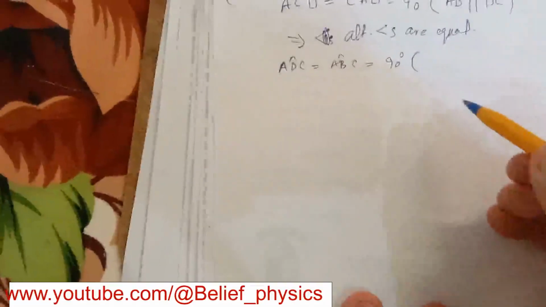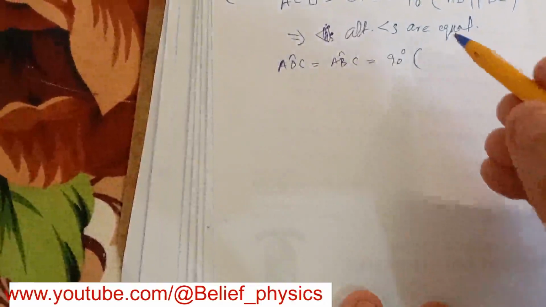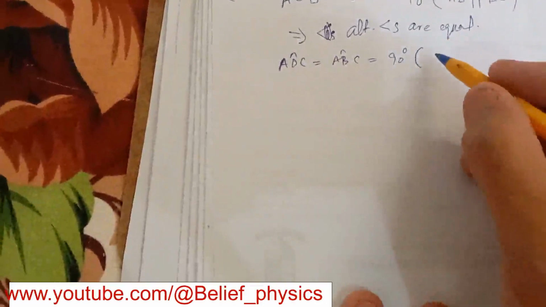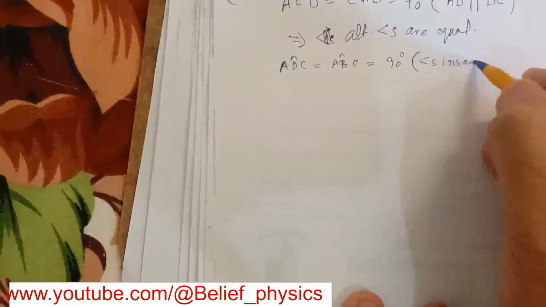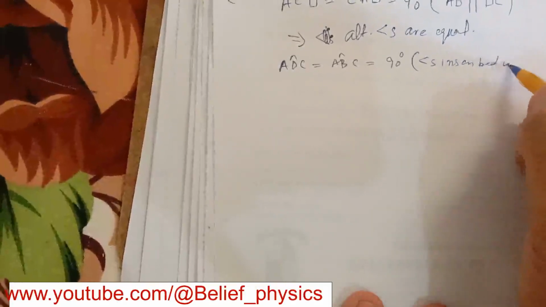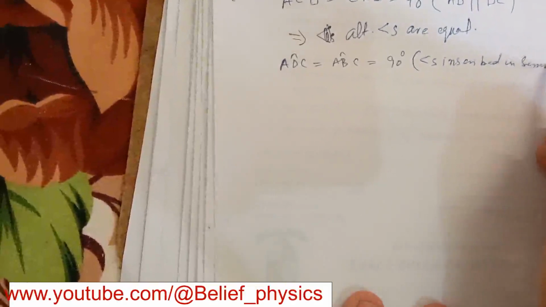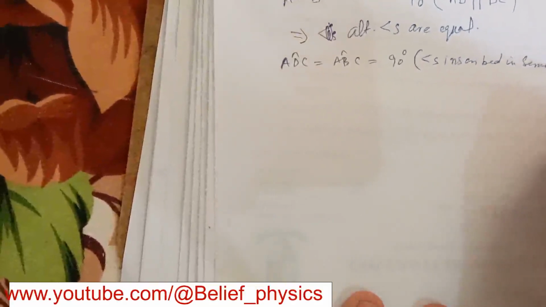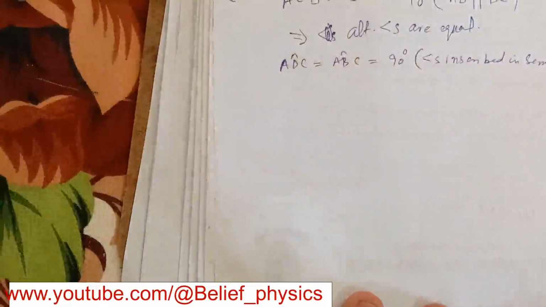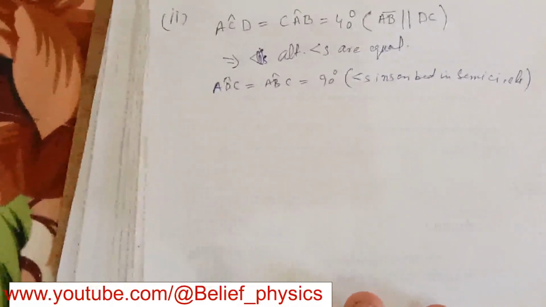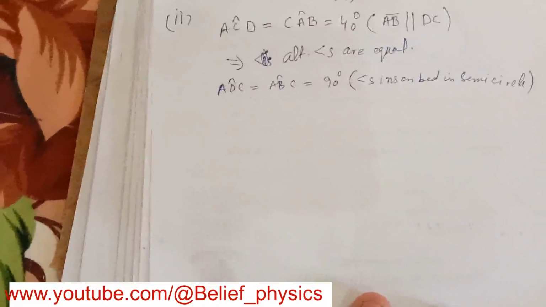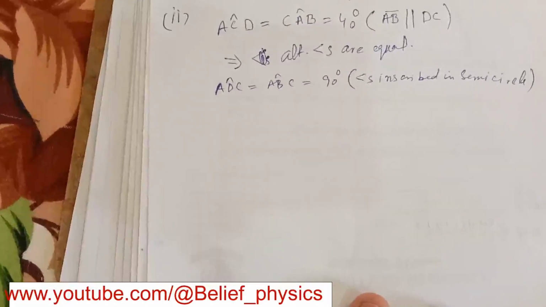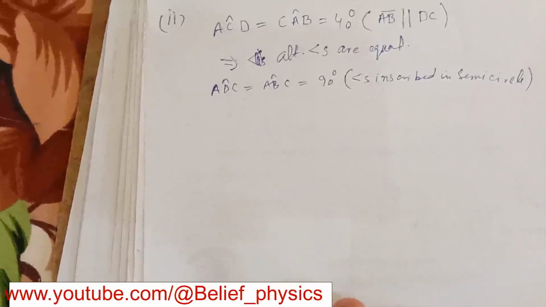Why are these 90? Because they are the angles inscribed in a semicircle. This is the property. So now it means that ACD and ABC are right angle triangles.